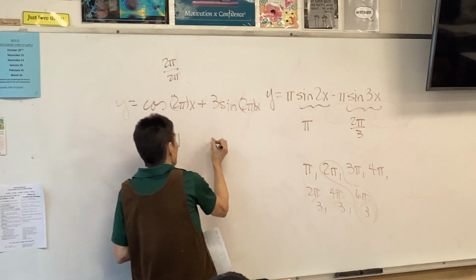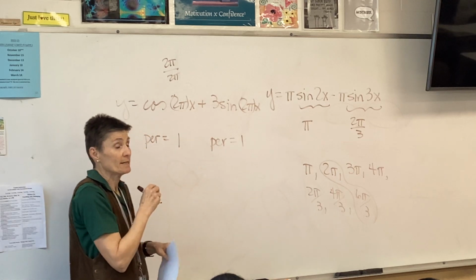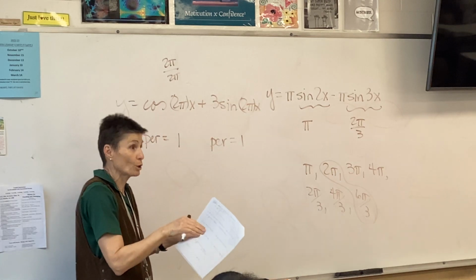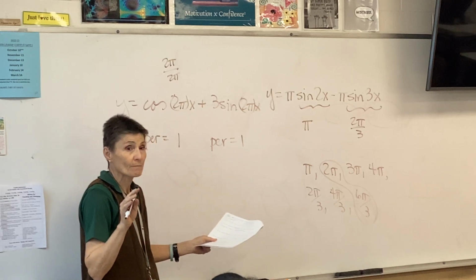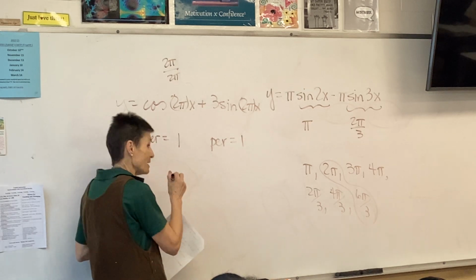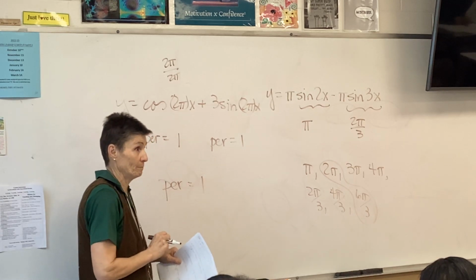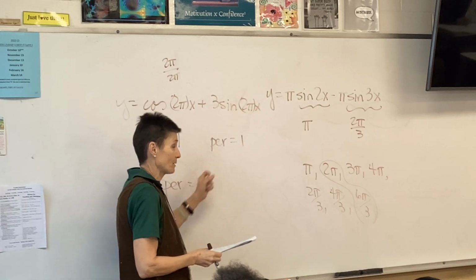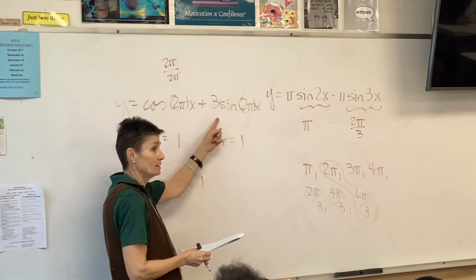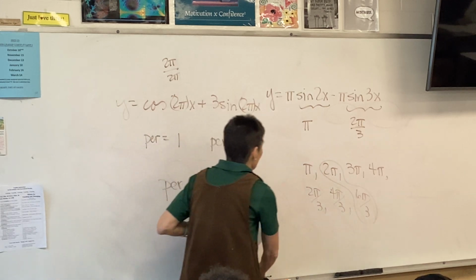And since the periods match, it's sinusoidal, which means if you were to type this in on your calculator, you would get a sine shape. And the period of that sinusoidal function is 1. When they match, the period of the sum is the period. I like this word. What word is that? Sinusoidal.